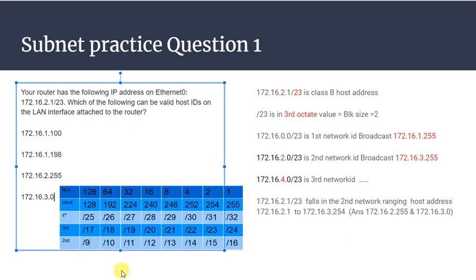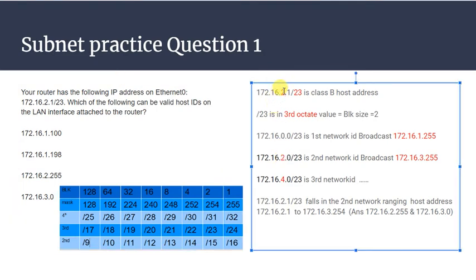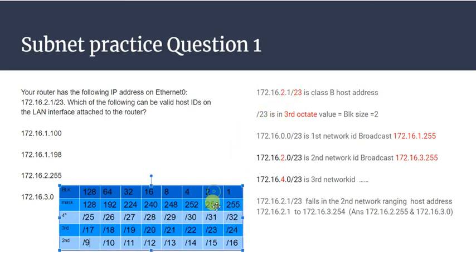So with the router IP address, the main thing is we should identify which octet. That is very important. The /23 is in the third octet, and the block size is very important. If you know this, then you are solved.